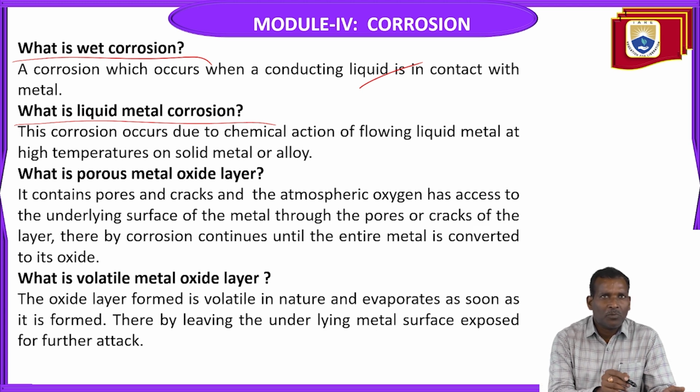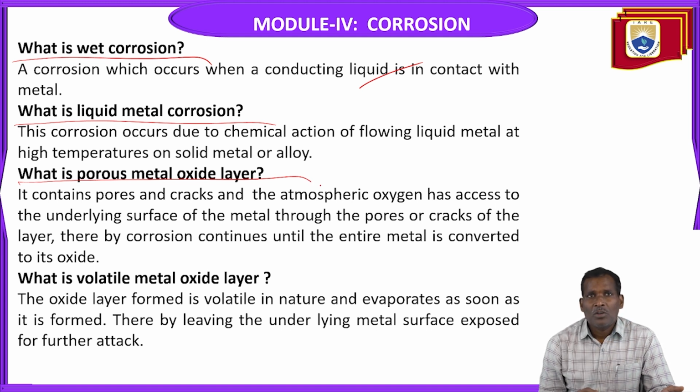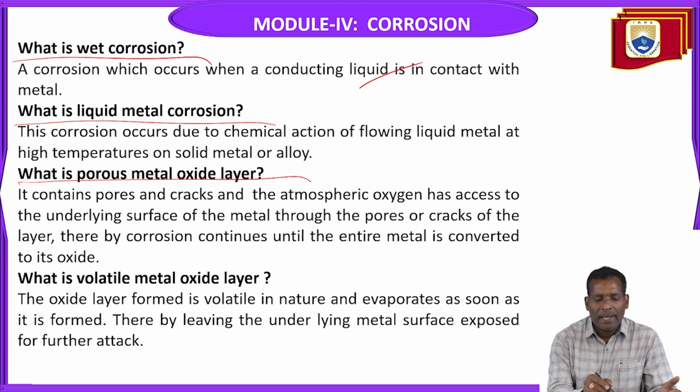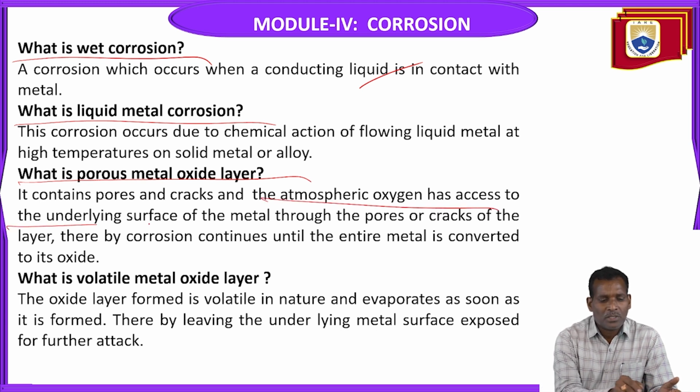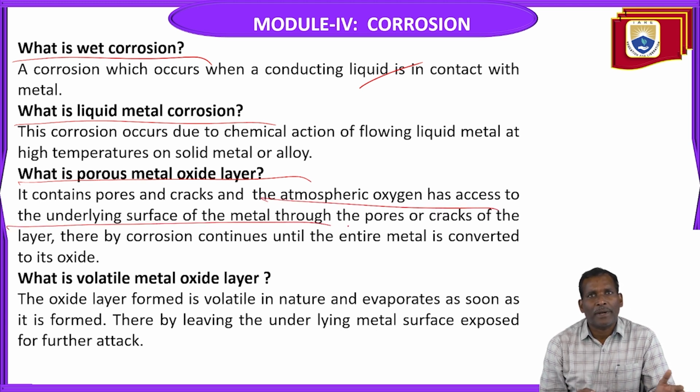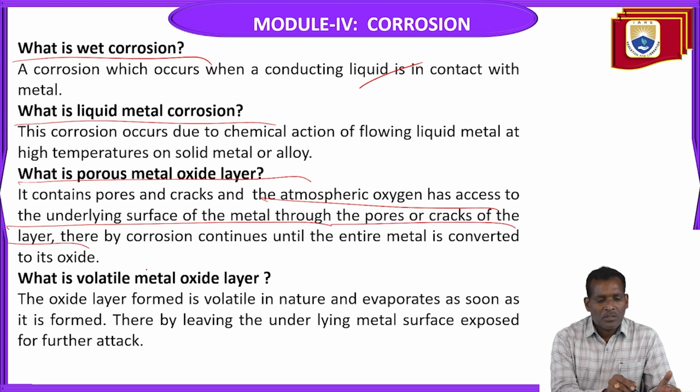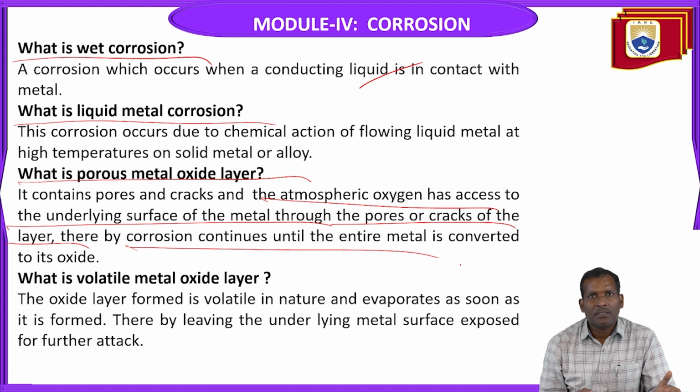So next one is, what is a porous metal oxide layer? It contains pores and cracks, and the atmospheric oxygen has access to the underlying surface of the metal through the pores or cracks of the layer. Thereby corrosion continues until the entire metal is converted to its oxide.